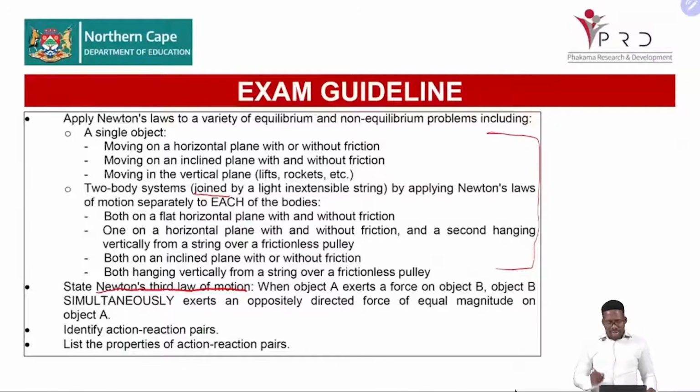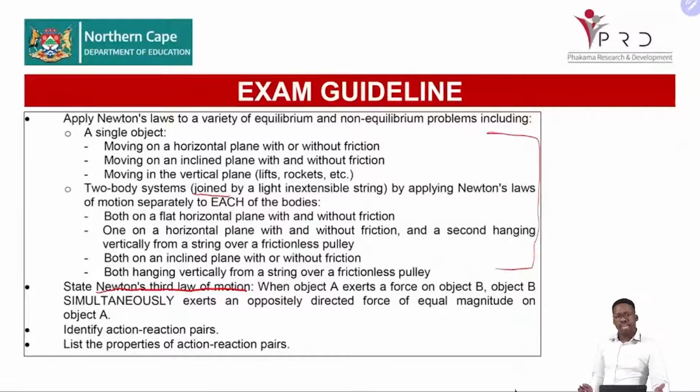A scenario that can arise from them is when both objects are on a horizontal surface with or without friction, or both objects are on an incline with or without friction, or one object on a horizontal plane and the other one on an incline, or both objects are hanging vertically.